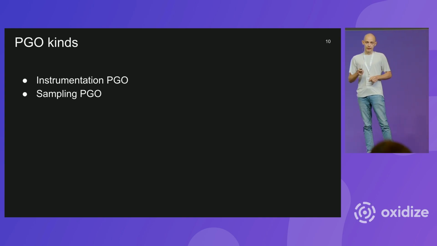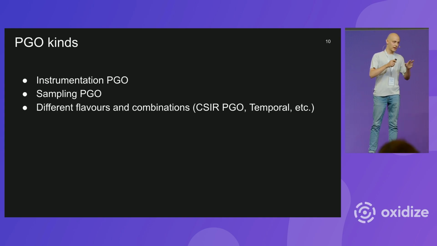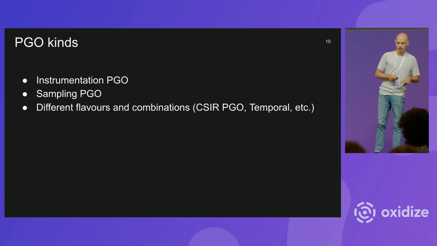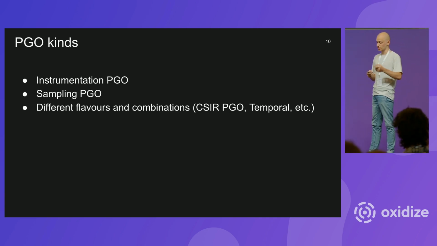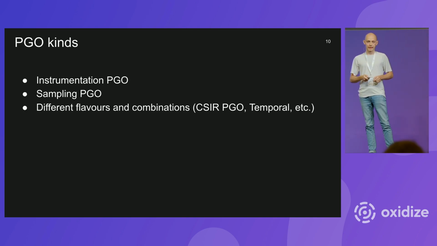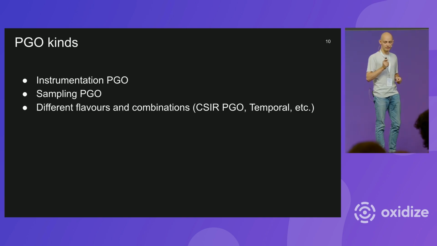And actually, these two are the most common ones. And there are a bunch of other kinds of PGO, like context-sensitive intermediate representation PGO, temporal PGO, and so on. Unfortunately, for now they are available only for the C++ world, not for Rust yet.